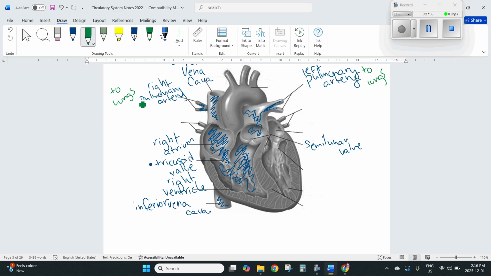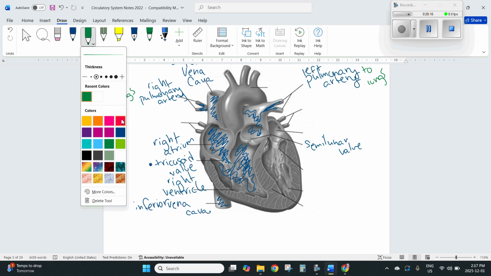Now, we know our pathway of blood through at least part of the body, according to the respiratory system. We learned the pulmonary artery and we learned the pulmonary vein. So the blood that's leaving the lungs should be coming back to the heart through the pulmonary veins. Okay, so now I need to change my color to red because now I am going to be oxygenated blood.